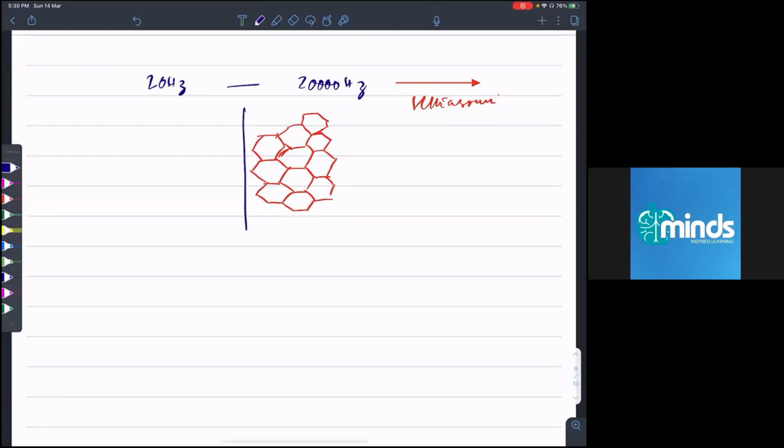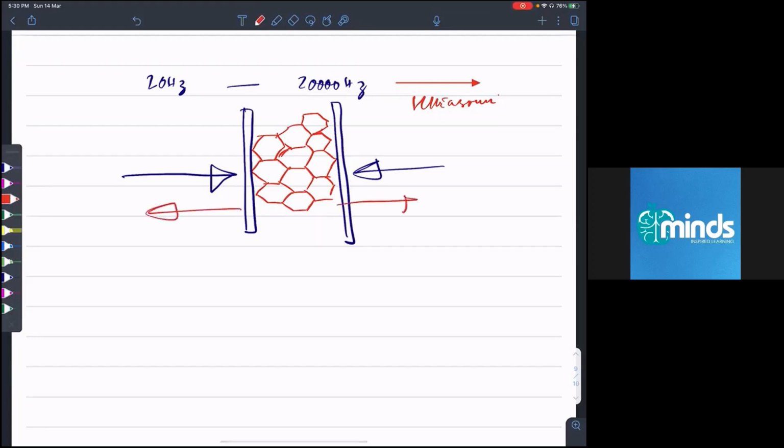If I connect a plate here, it could be of silver or any metal, one plate here. If you exert pressure here and if you exert pressure here, you are trying to compress it. Electricity is generated in it. If you try to pull the plates apart, once again, electricity is generated. So we can say when you compress or when you stretch the piezoelectric material, electric current is generated.